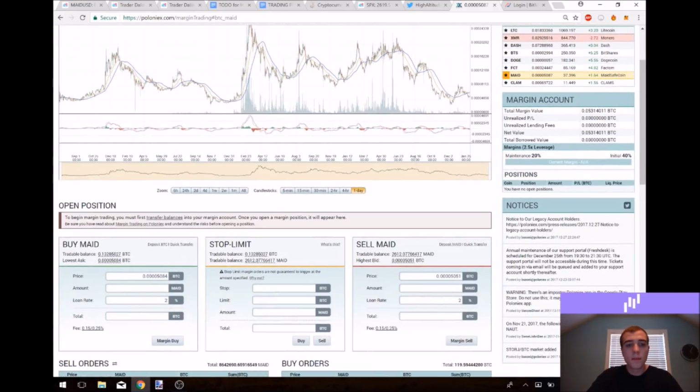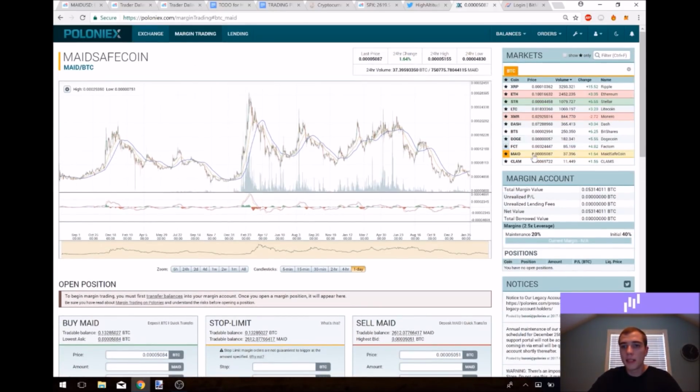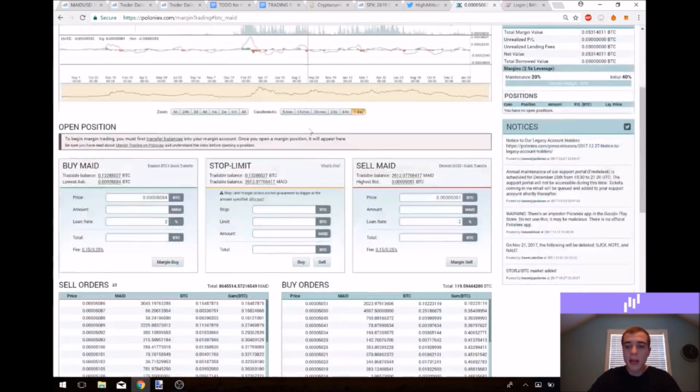All right, so again, I clicked on the Made Safe chart. This is the one that I'm buying. You can also follow along in this trade if you like to, if it's before next month, and this is February 2018.